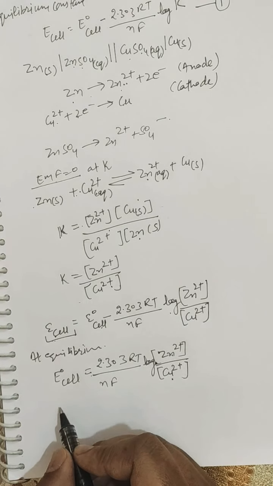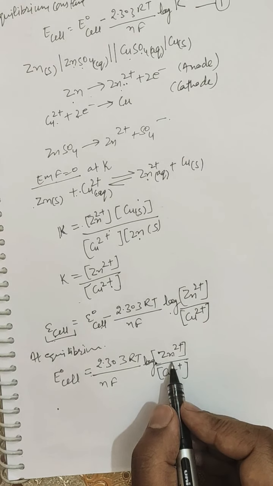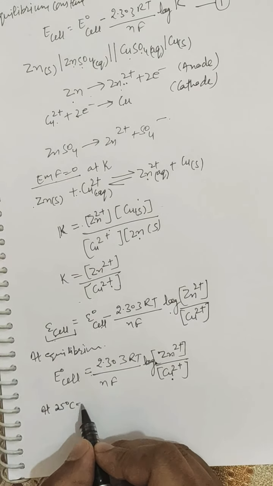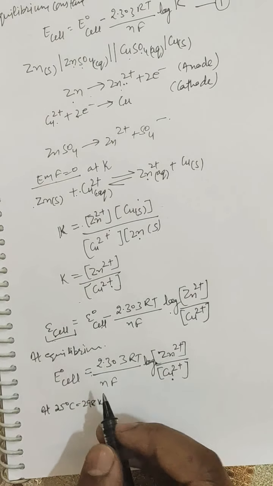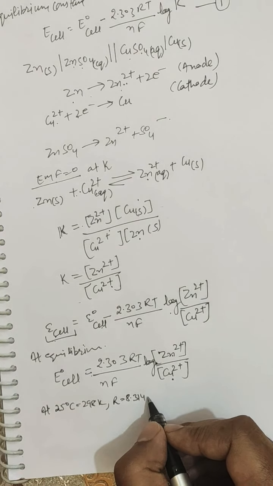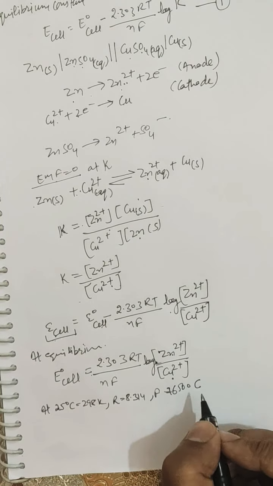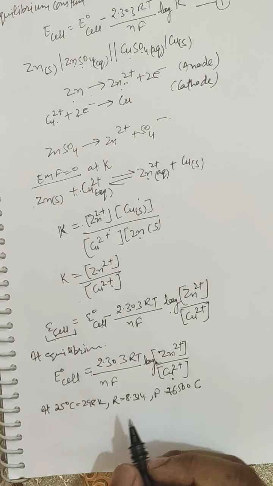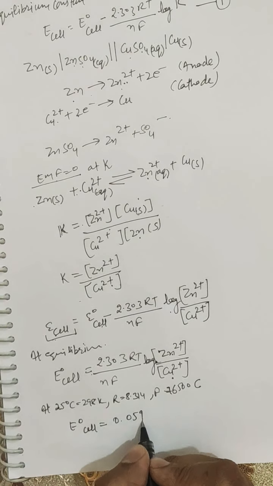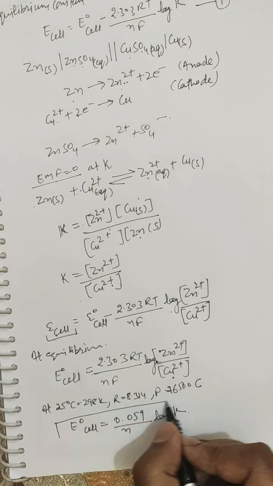So further this can be written as K, and further at 25 degrees Celsius, that is 298 Kelvin, the value of R is 8.314 joule per Kelvin per mole, and the value of F is 96500 coulomb. Putting these values in the equation, we get E° of cell is equal to 0.059 divided by n into log of K.